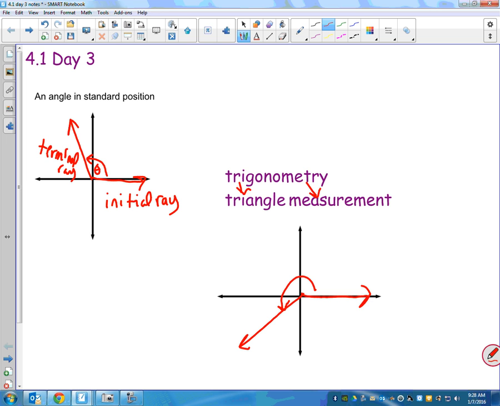So if you do this, I'm going to call this alpha. If I do this, it is measured counterclockwise. That means that it will be a positive angle because we start at 0 and we're counting up.